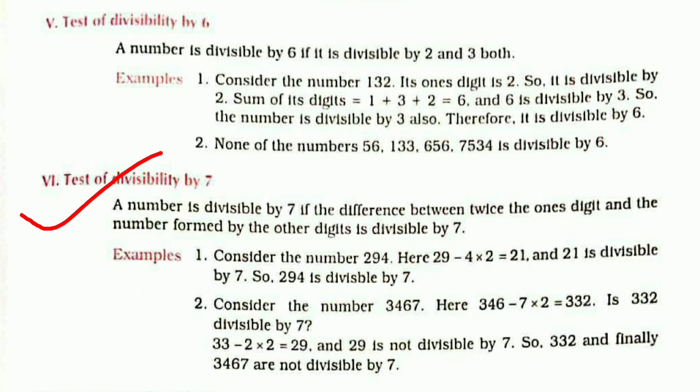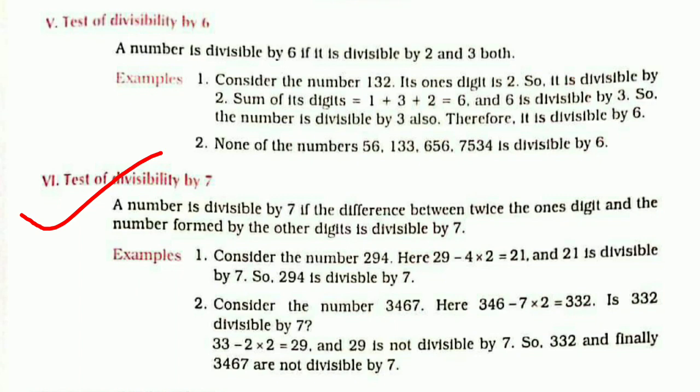For this we will make the last digit double again. So we multiply 2 by 2, and except the 2, 33 remains, so we write that 33 here.